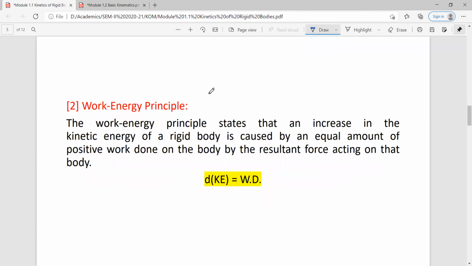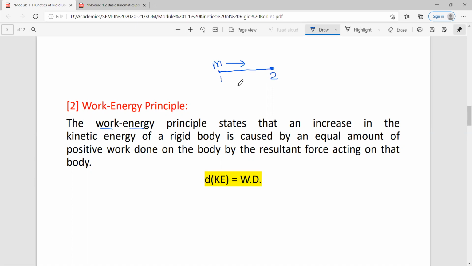See, it has two terms, work and energy. If a body, say here there is a mass at position 1, and then it goes to position 2.